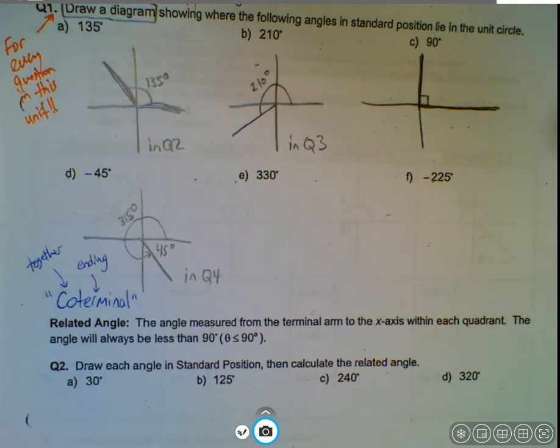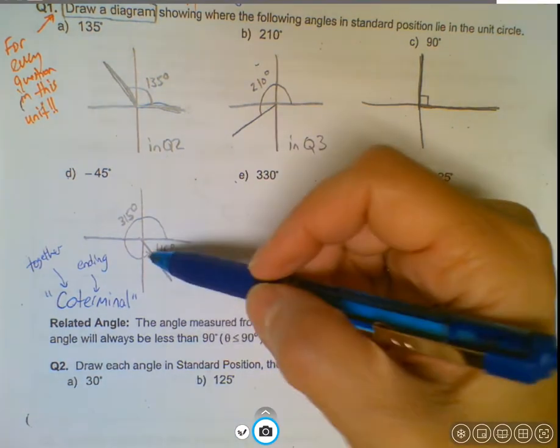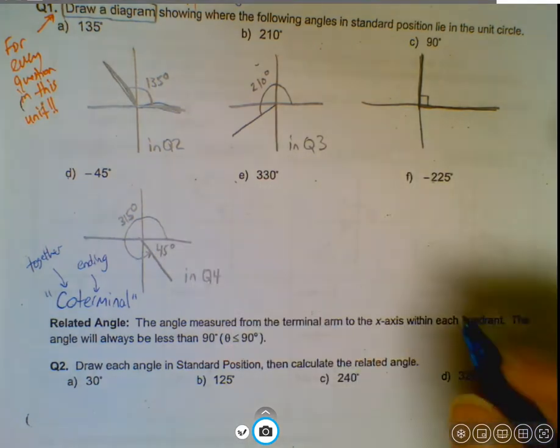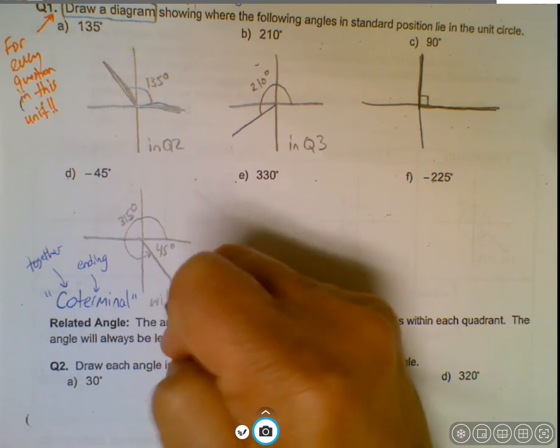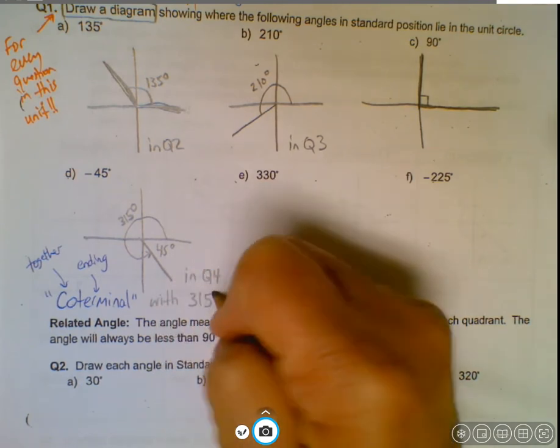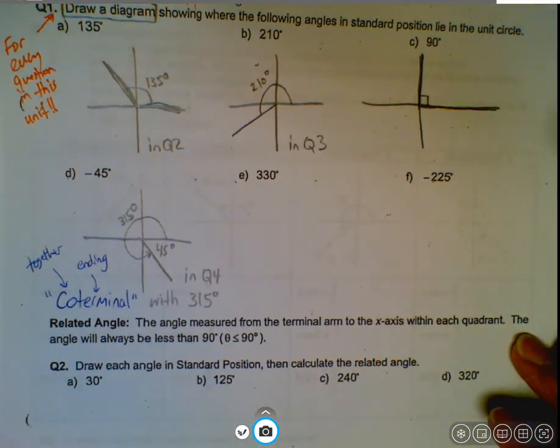It means it's the same angle. The terminal arm is going to be in the same place. So this is coterminal with positive 315 degrees. It's saying that if you go 45 degrees in the negative direction, that's the same as going 315 degrees in the positive direction. Okay, so new piece of language.